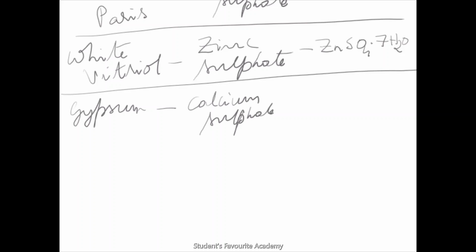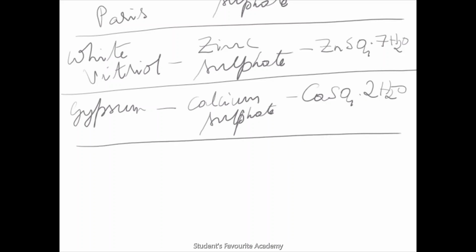To be very specific, hydrated calcium sulfate, and it has CaSO4.2H2O. So these are some of the hydrated salts, their common names, chemical names, and chemical formulas. Definitely any two are usually asked out of this list, so there is no other option but to learn this by heart.